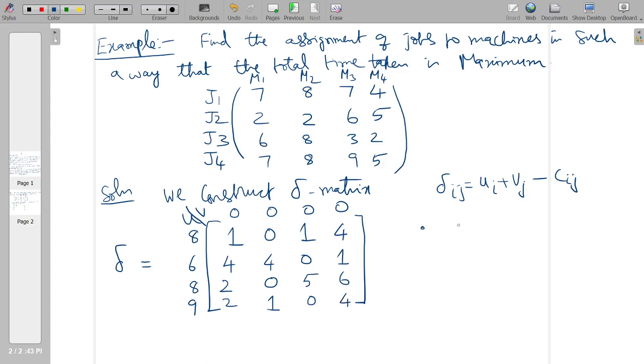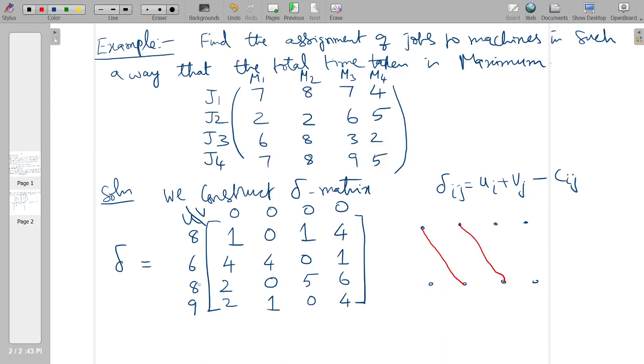Now what I do is, I construct a graph based on the zeros in each row. So the first row has got 0 in the second position, so I join J1 with M2, and in the second row, third column has got 0, so second job is assigned to machine 3.